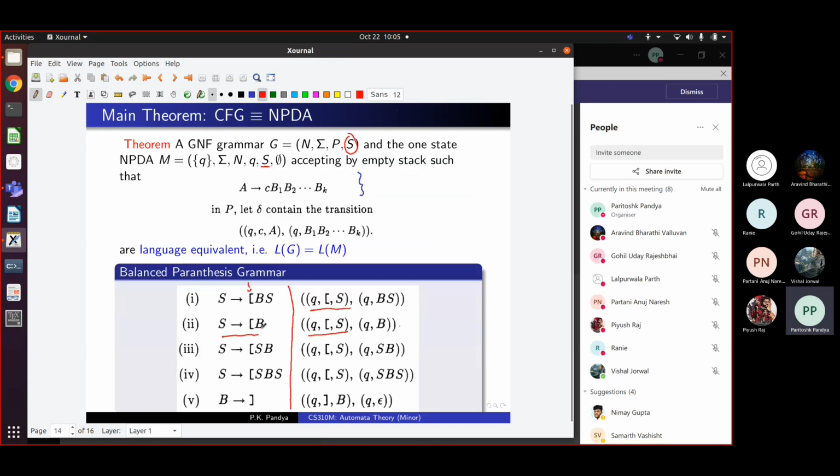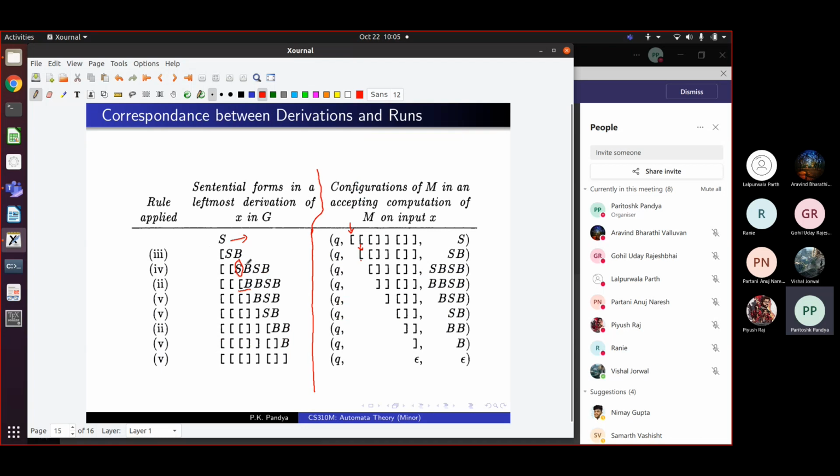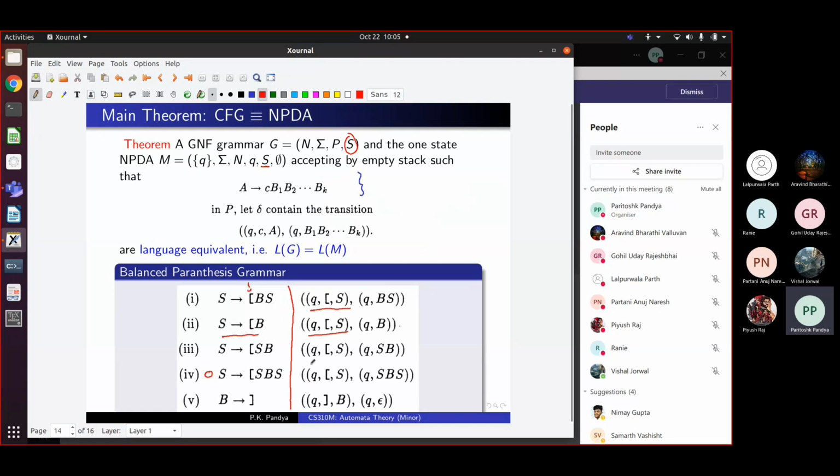And how did we do that? Oh, this is the rule we are using. Sorry, this is the rule we are using, right? So since from this string SB, this S was written as left bracket SBS, what I do is I consume that left bracket and I rewrite this S by this SBS, which is by this rule, not this rule, but by this rule, right?